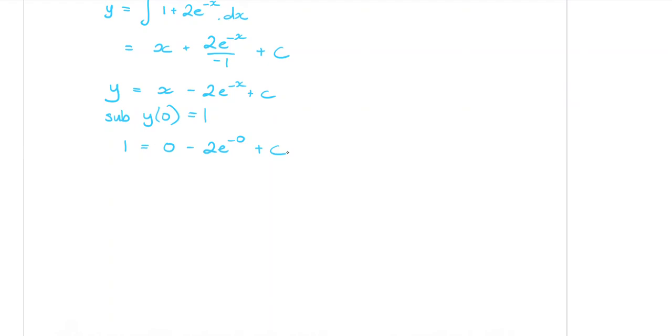Okay? This is 0, obviously. E to the 0 is 1. So those things together there are negative 2. So I have 1 minus 2 plus c. Okay, move the minus 2 across the other side. C equals 3.